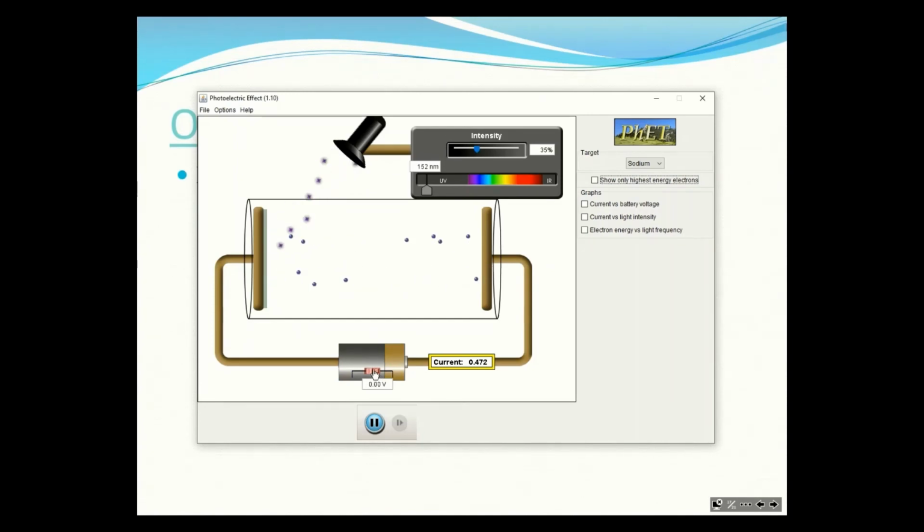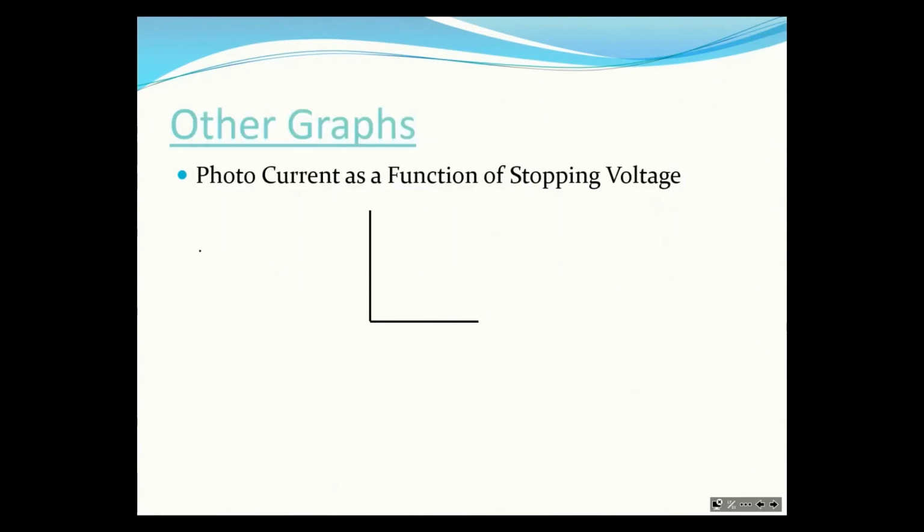So when our voltage is 0 on our battery here, we get a current, and as we increase that back voltage, our current goes down until it eventually stops. So as I increase my voltage, my current goes down. So what we see is an inverse relationship. So current as a function of voltage, it's going to have an inverse relationship like that. So you can see any of those graphs on there. You can memorize them or think them out, whatever you want to do.